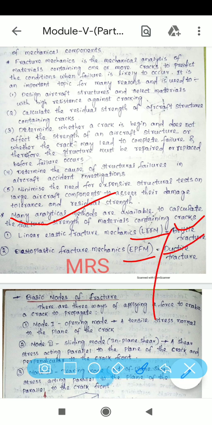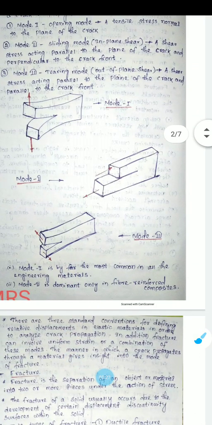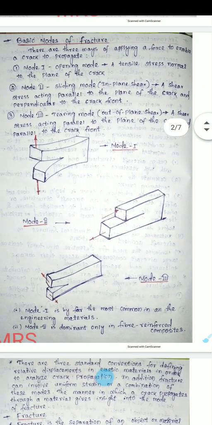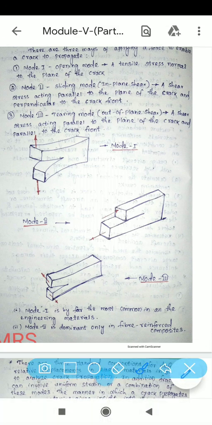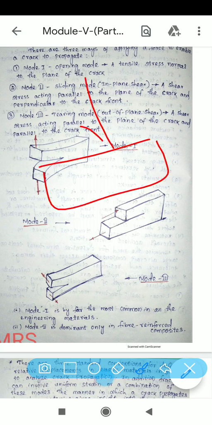Then what is the meaning of fracture? Now we come to fracture. So fracture means what? Who can tell me? Fracture is the separation of an object or material into two or more pieces under the action of stress. For example, this is your material. If you apply some force, and the load becomes more than the material can bear, it starts to break.